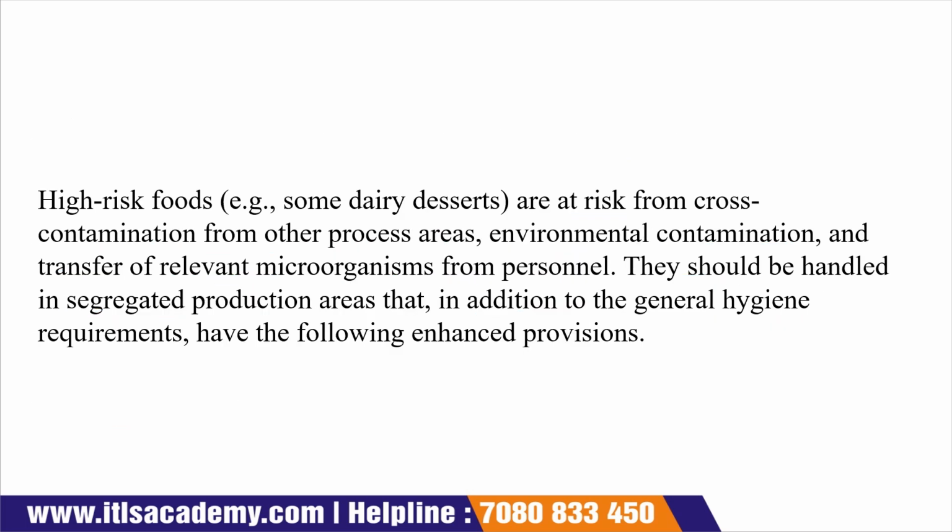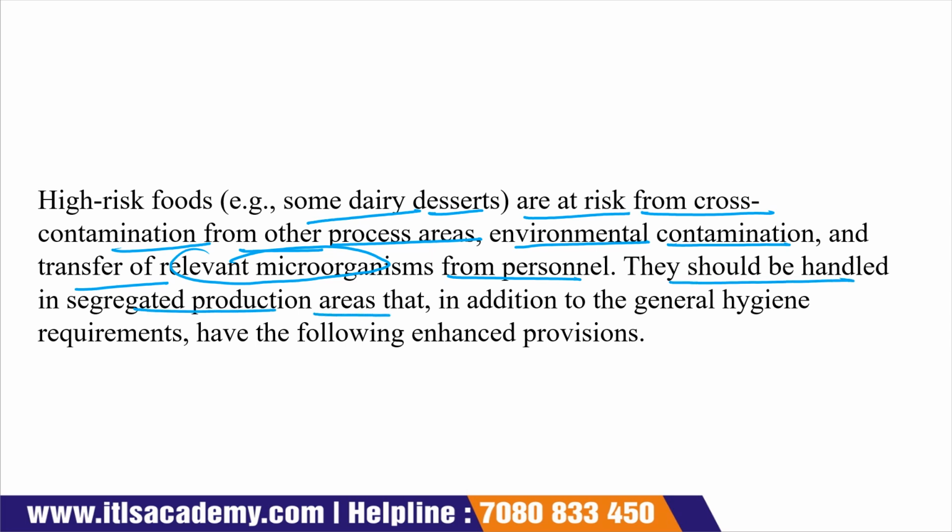Now the next is your high risk food, for example some dairy desserts, which are at risk from cross contamination from other process areas, environmental contamination and transfer of relevant microorganisms from personnel. They should be handled in segregated production areas, in addition to the general hygiene requirements, which have the following enhanced provisions.